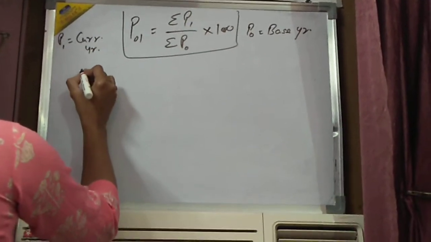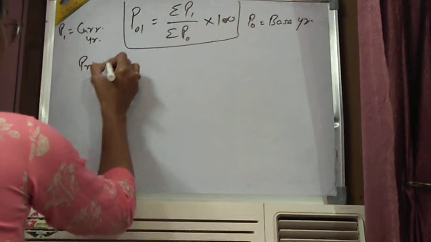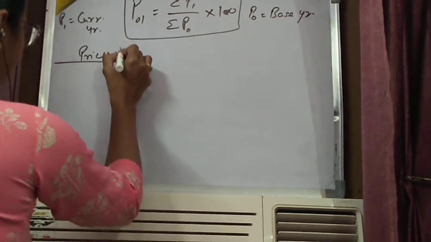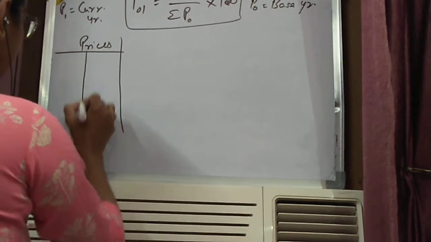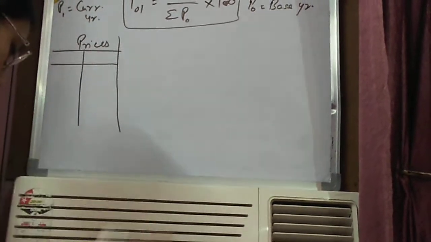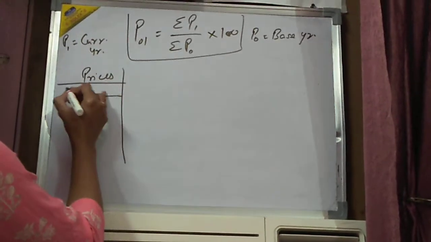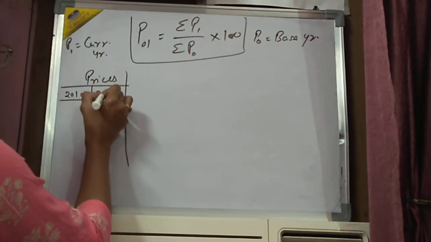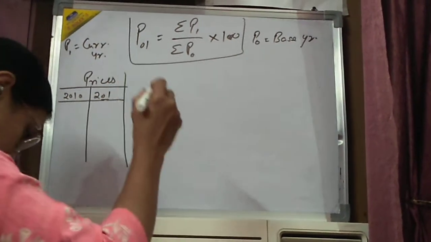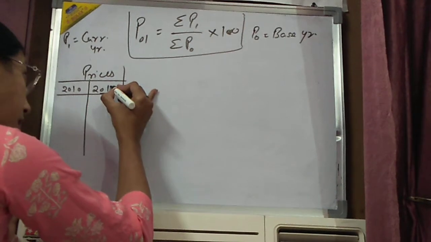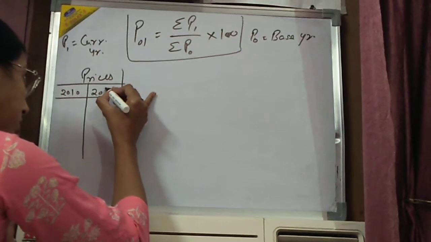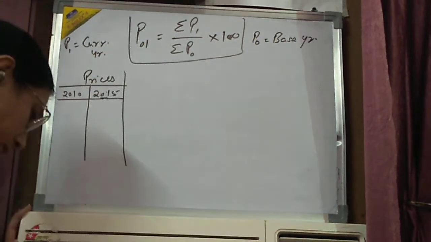Now let us see one example. Suppose the prices are given of any commodity or of different commodities of two different years, 2010 and 2015.